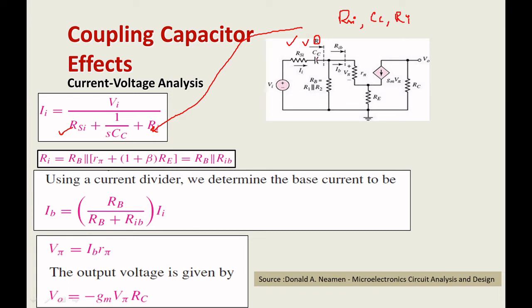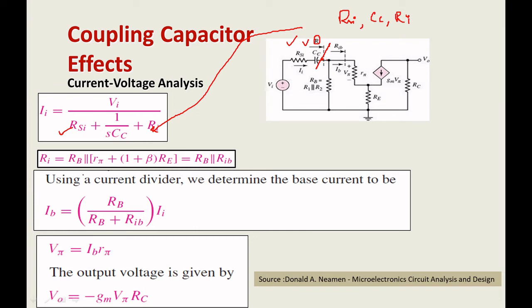The capacitance in terms of reactance is 1 divided by j omega CC, which is 1 by SCC, plus RI, the overall resistance.